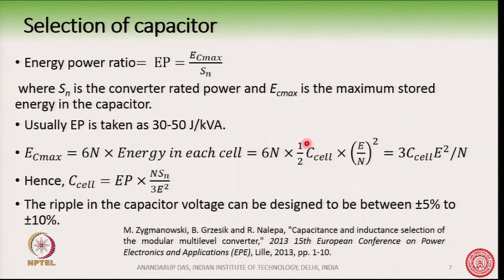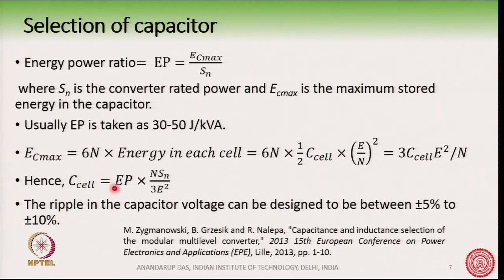So, 6N into half C cell into E by N square, assuming that the voltage on each cell is roughly E by N. There is an oscillation on the cell, but we will take the mean voltage as E by N. So, therefore, 6N into half C cell into E by N square. That is how we get this expression here.